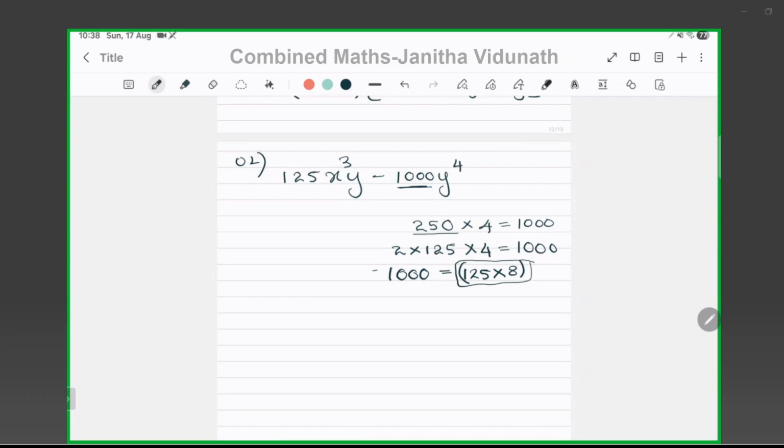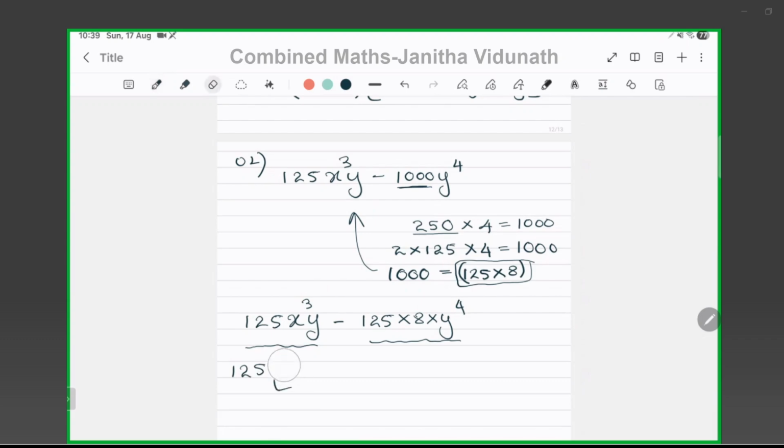Then here we get 125 times x cubed times y minus 125 times 8 times y to the power 4. If we observe these two terms, we can see that 125 is common for both terms.